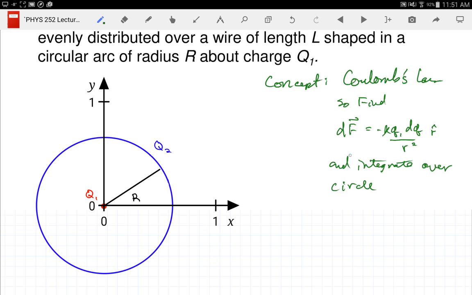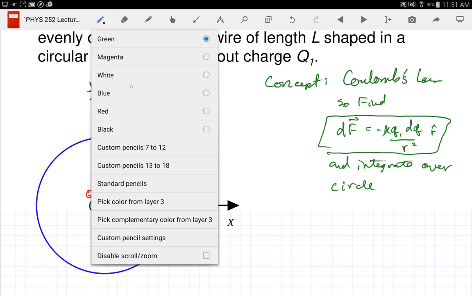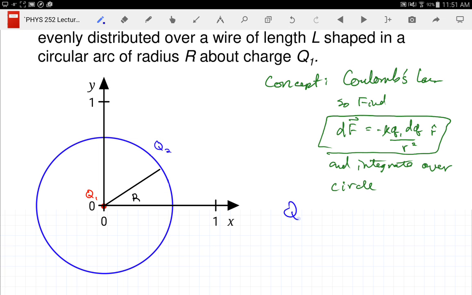I need to find, here's my equation. What do I need to fill in with that? Well, it's pretty clear what Q1 is. Q1 will just be that. Very simple. But what about dq? What is dq equal to?